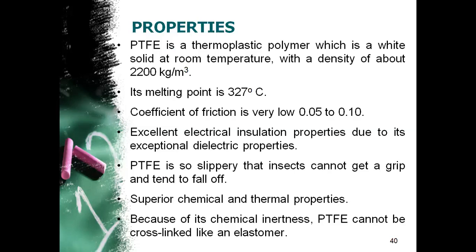Its coefficient of friction is very low. It has excellent electrical insulating properties. PTFE is very slippery. It has high chemical and thermal inertness. Because of its chemical inertness, it cannot be cross-linked like an elastomer.